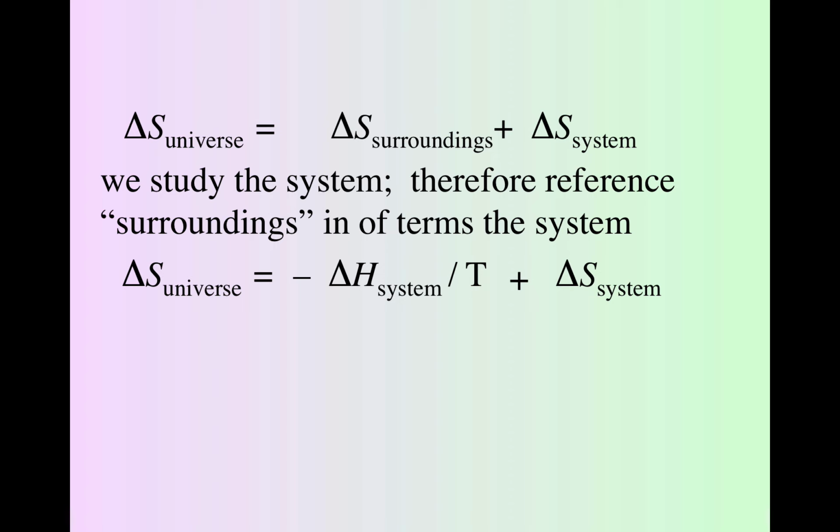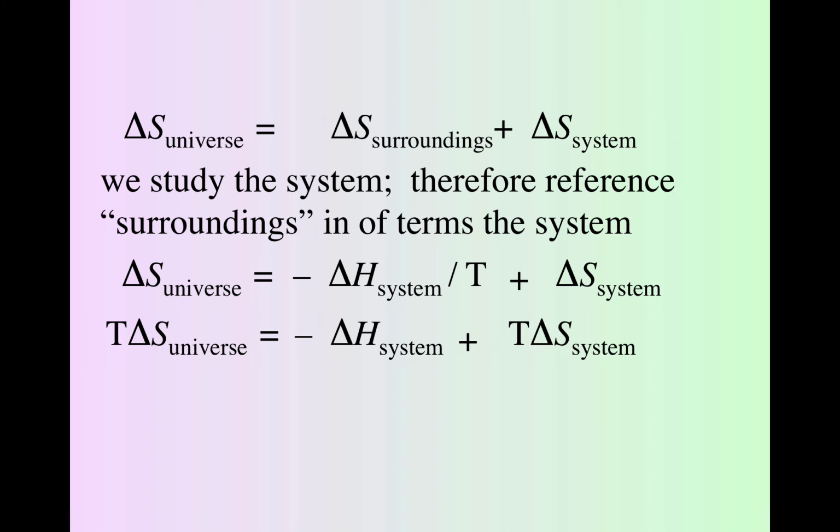All right. So right now we have the delta S of the universe is equal to negative delta H of the system divided by T plus the delta S of the system. If we multiply both sides by T, we get the delta S of the universe times T is equal to negative delta H of the system plus T delta S of the system.